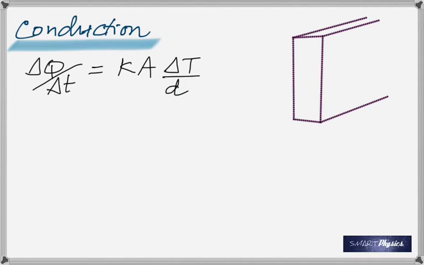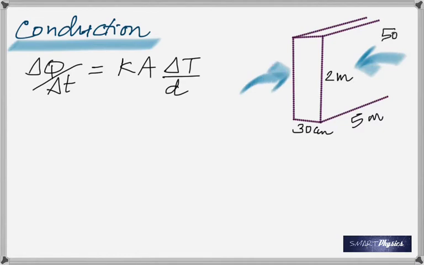So we're going to work out a problem which will have 3 steps. You have a brick wall 5 meters long, 2 meters wide, and 30 centimeters thick. It's a hot day, the temperature on the outside is 50 degrees Celsius and inside is 25.